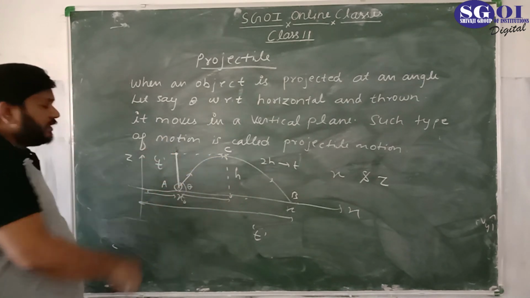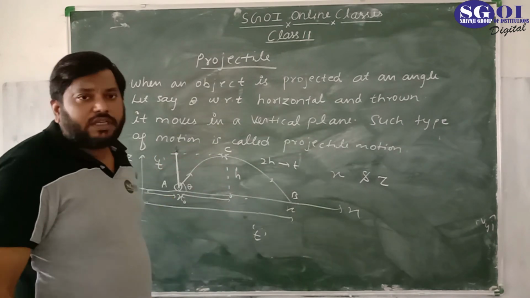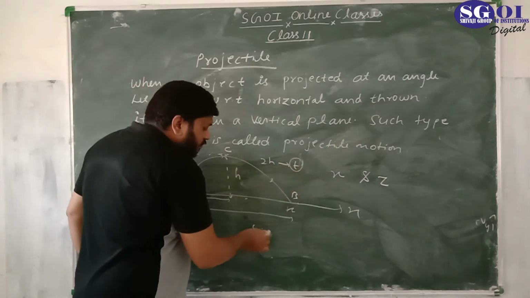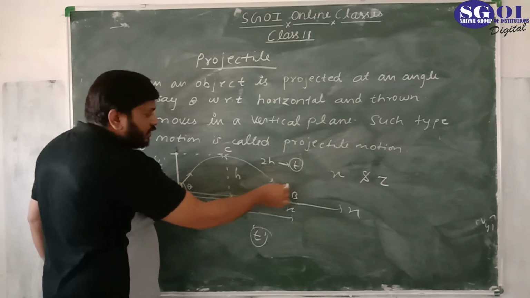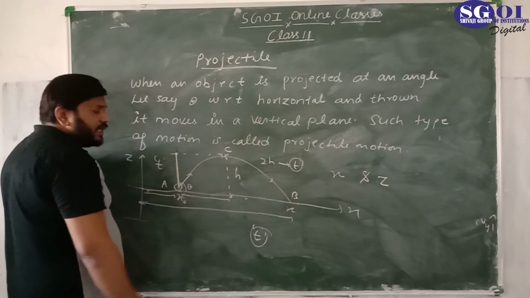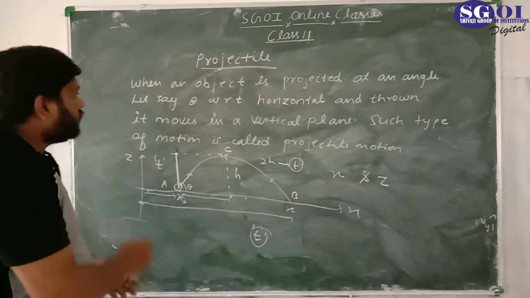It is not displaced in the z axis. The time for covering the distance 2h is t, and the time for the displacement x minus x naught, covering the distance x minus x naught, is also t.